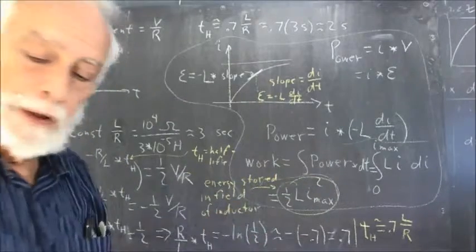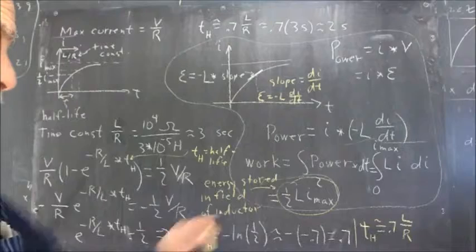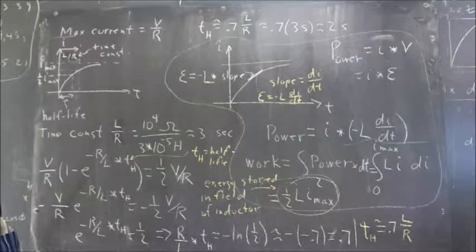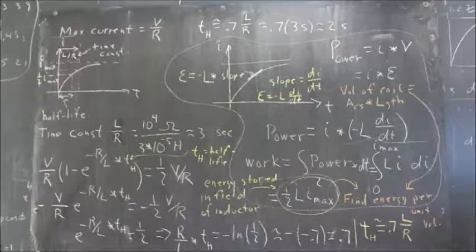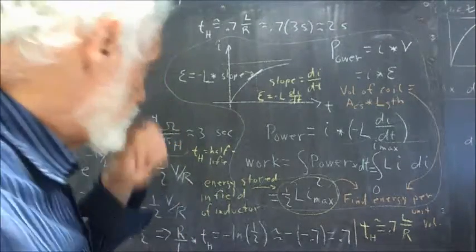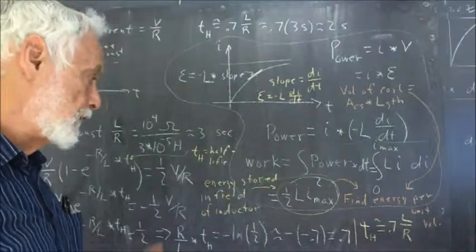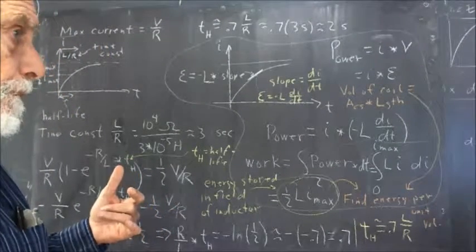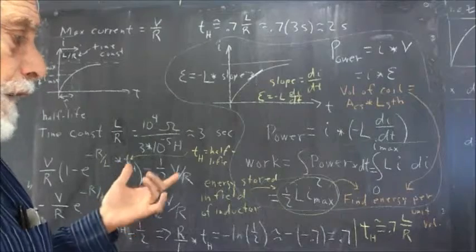Now there's another thing we can actually do here that I couldn't write on the board because of the poor resolution, and I'll do that in just a second and put that on here. There's another really important idea analogous to the energy stored in a capacitor, which you recall was 1/2 Q over C. And that's not right.